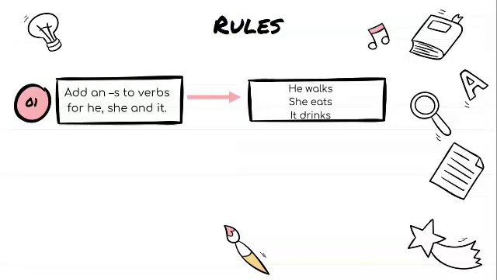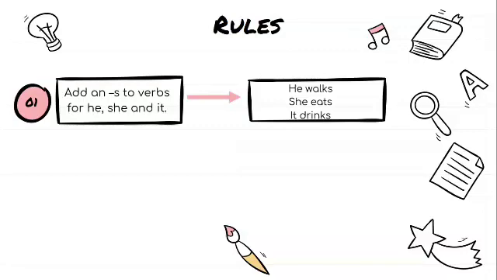Si ustedes prestaron atención a los ejemplos que les mencioné, cuando yo menciono I drink water, si se fijan cuando digo drink, ahí the last sound it is the letter K, the sound K, okay? That is the last sound. Y aquí tenemos en el tercer ejemplo, it drinks. The final sound, it is S. Okay, because we have to add S when we are talking about he, she, and it.